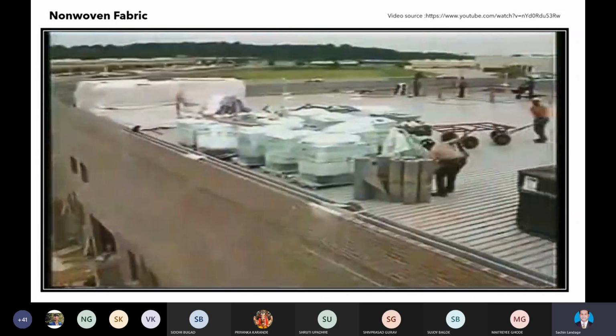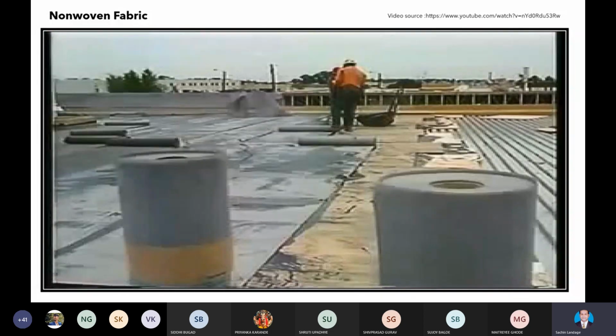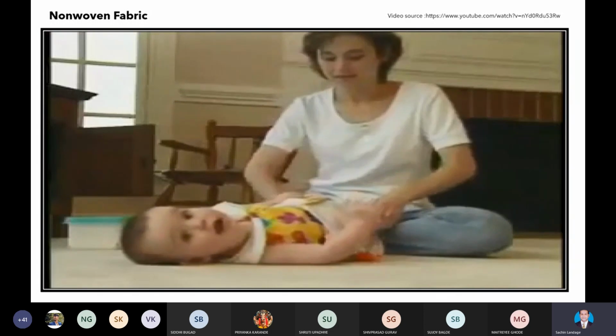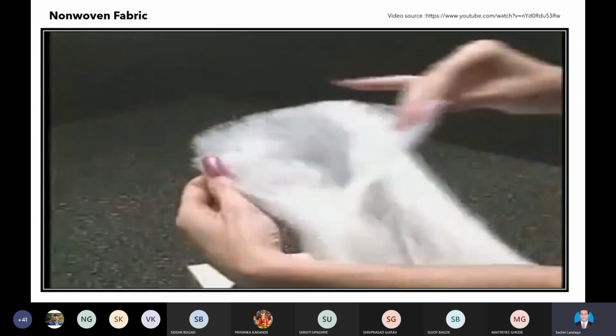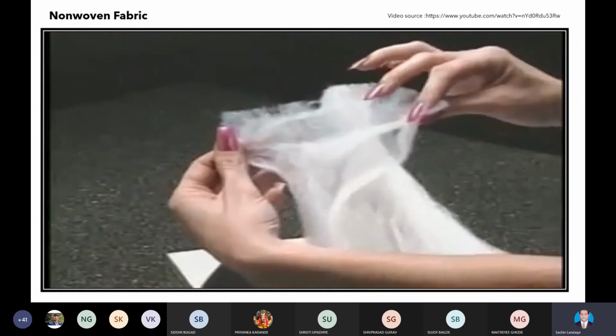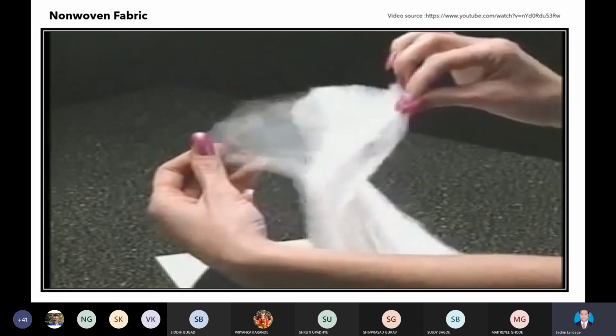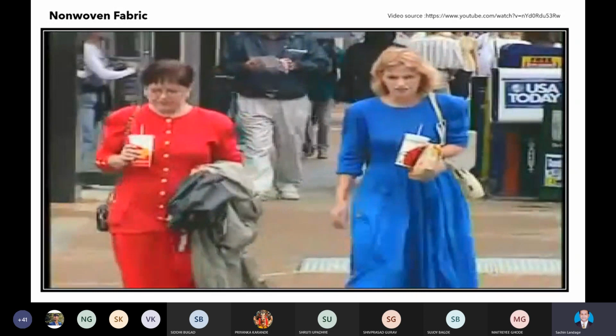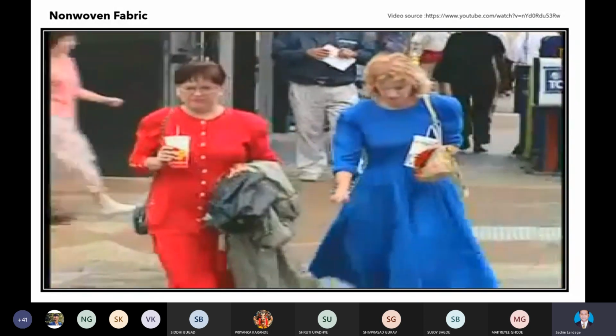They can be strong enough to use in constructing roads and roofs. They can be soft enough to protect our most delicate surfaces. They can be sandwiched together to create a fabric with layers that have different properties. They can be molded to a precise shape. They can make us feel both attractive and comfortable.